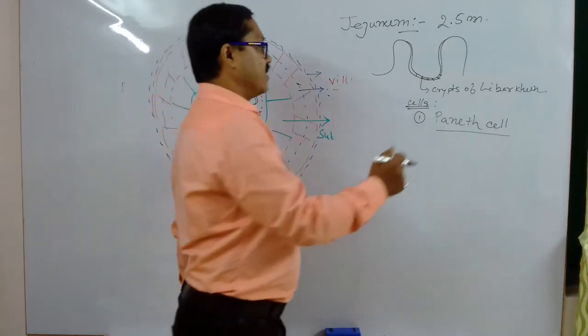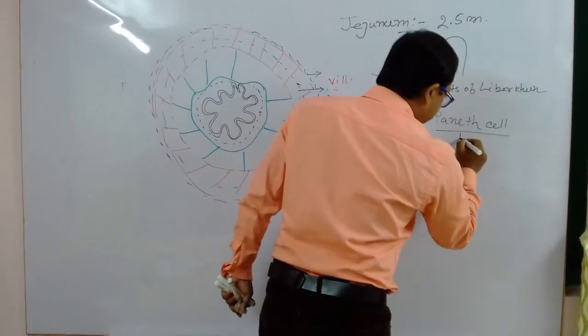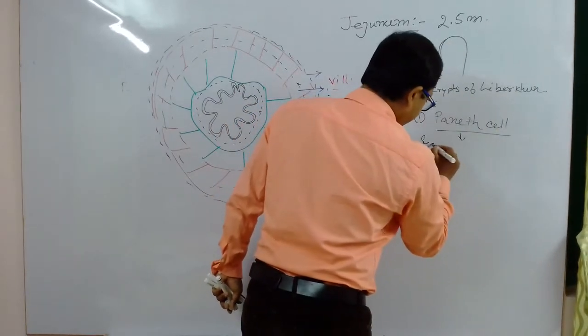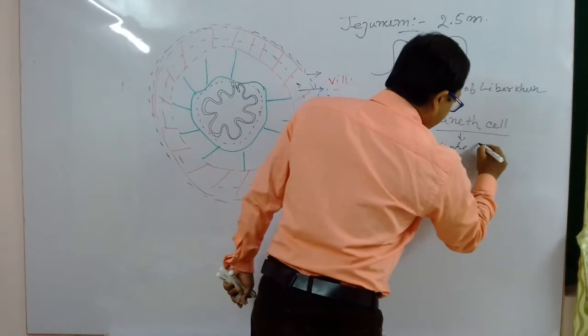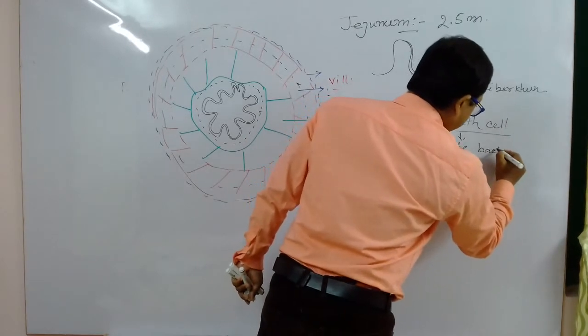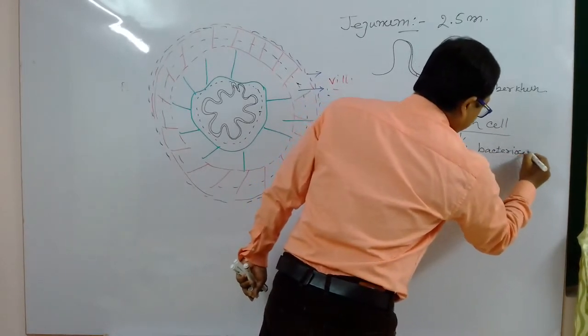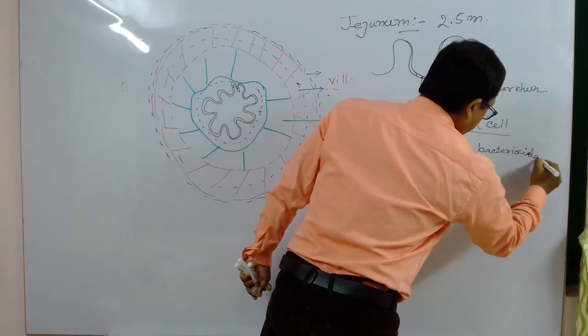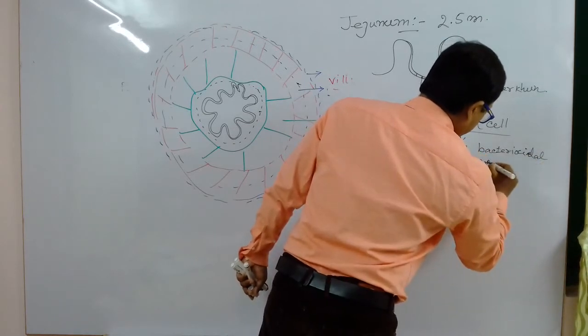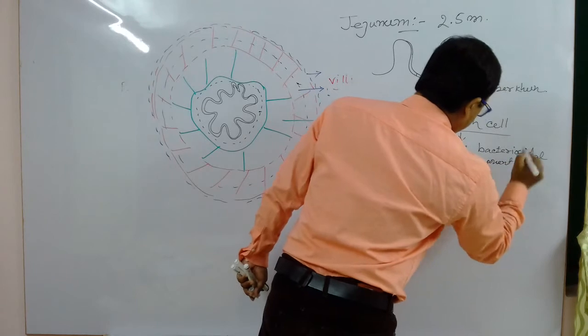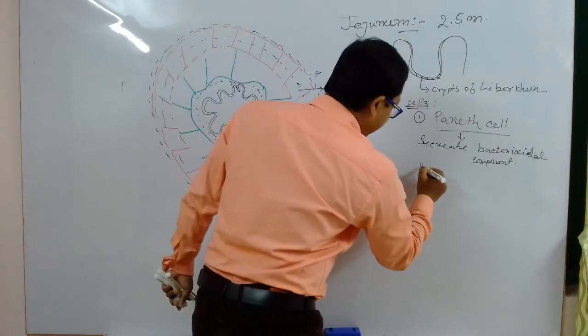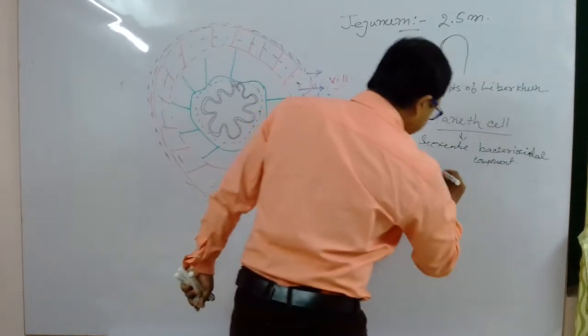First, the Paneth cell. What is the function of the Paneth cell? The Paneth cell secretes bactericidal components. The second is the enterochromaffin cell.